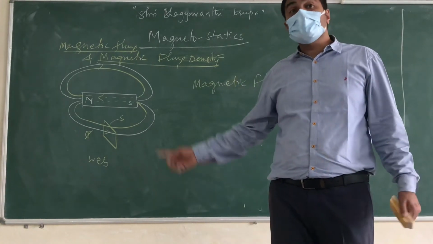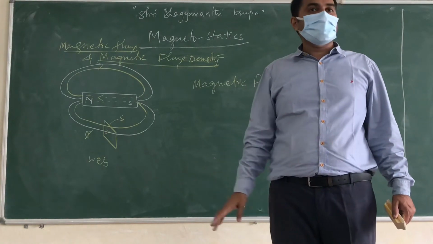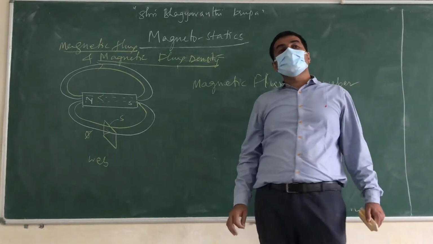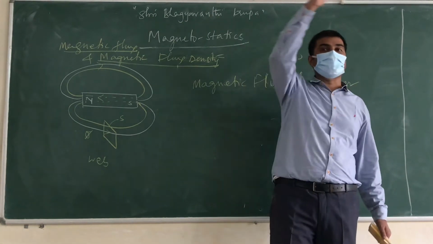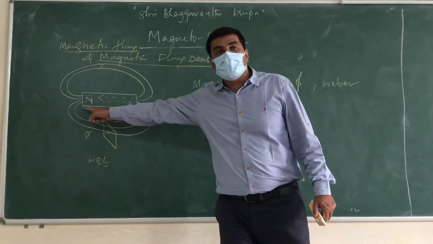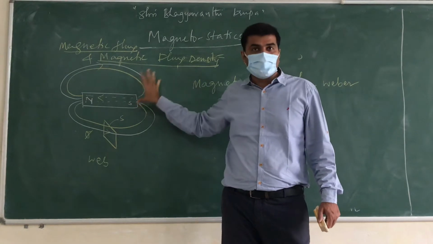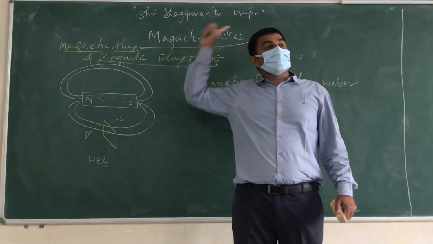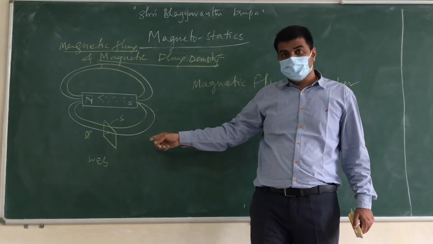But this is not true for electric flux, is it or not? Means what is the difference between magnetic flux and electric flux? Electric flux generates from positive charge and terminates on negative, whereas this generates from North Pole, enters South Pole, and travels to North Pole internally through a permanent magnet. That unit is Coulomb. This unit is Weber.